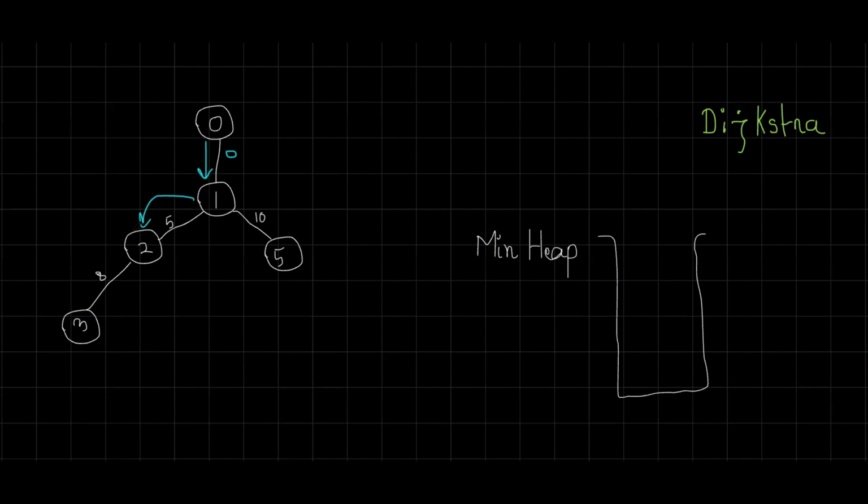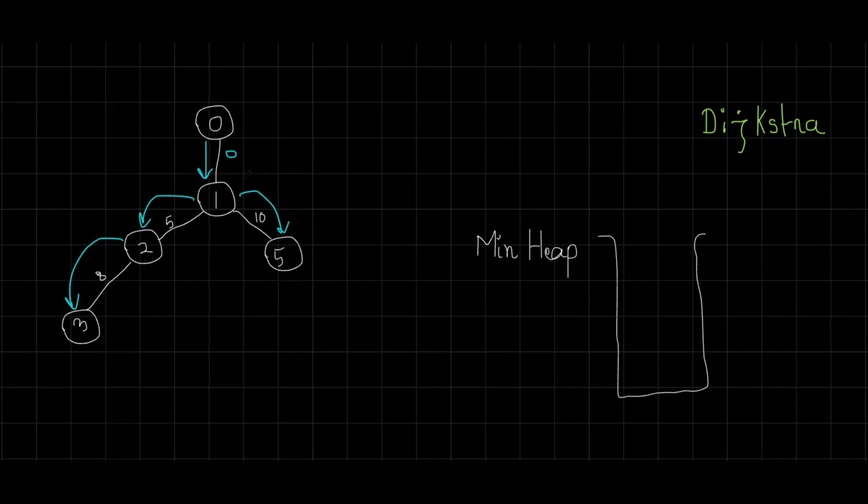At the 8th second, person 2 shares the secret with person 3. And at the 10th second, person 1 shares the secret with person 5. So we can say that there are 5 people who share the secret initially. I hope you understood the problem statement.